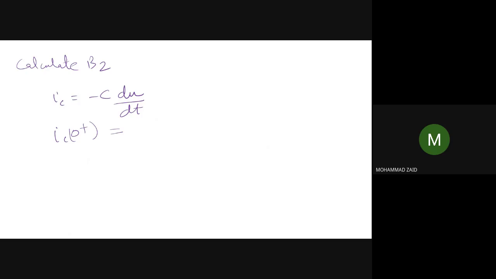So Ic(0+) is safely assumed to be 0, because the capacitor was connected in series, there is no point calculating the current. It will always be 0.